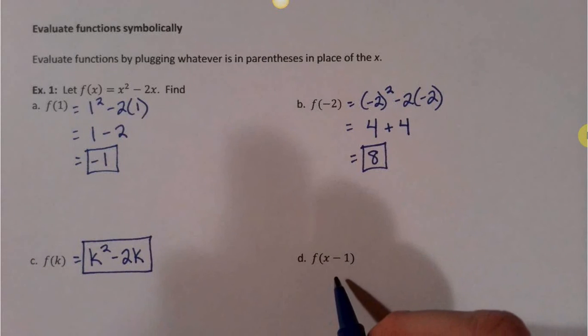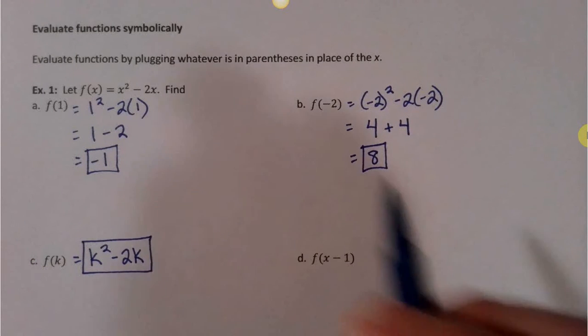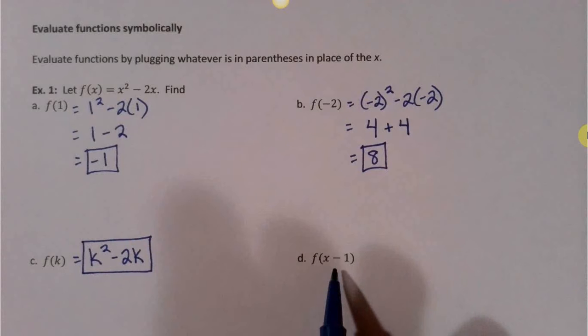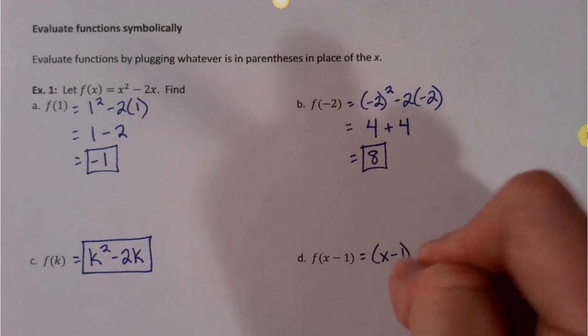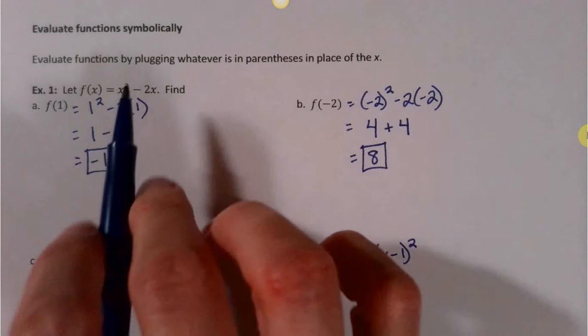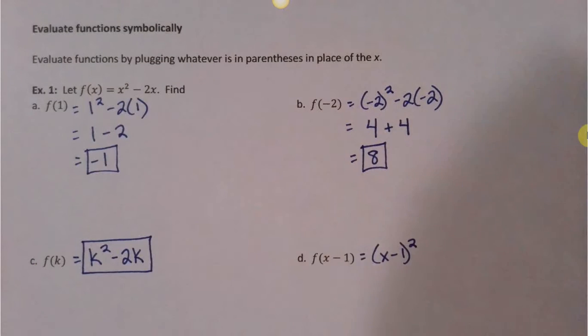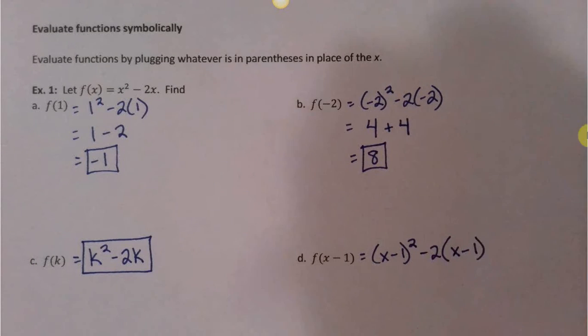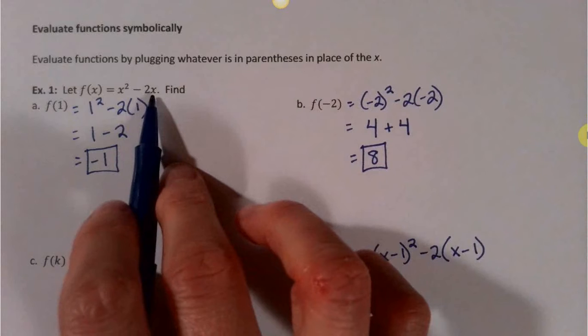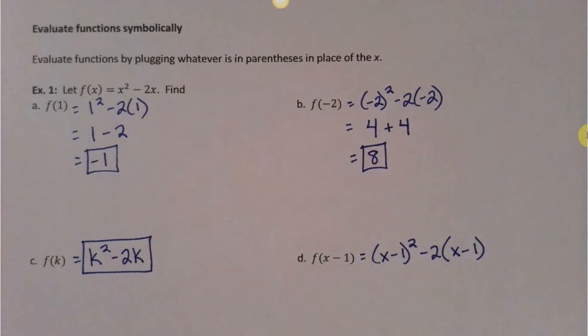F of x minus 1, so this is saying that everywhere we see an x in this function, we're going to replace it with an x minus 1. So what that would look like is x minus 1 quantity squared, plugging in place of this first x, and then minus 2 times x minus 1, plugging it in place of the second x.